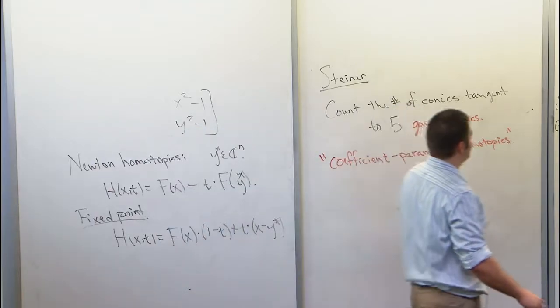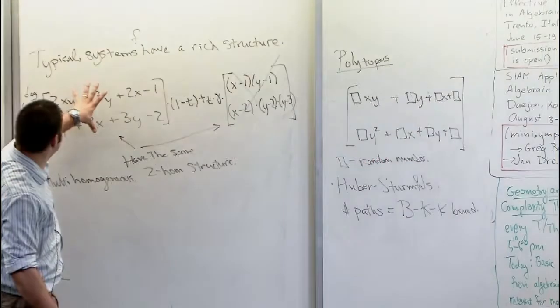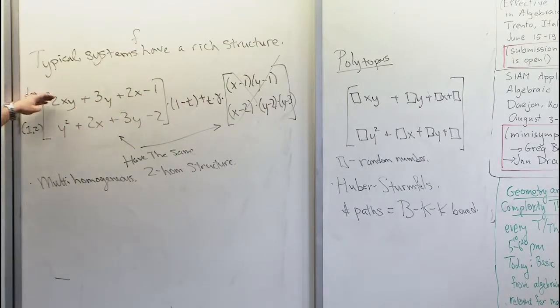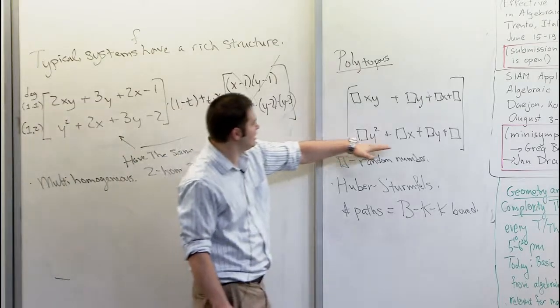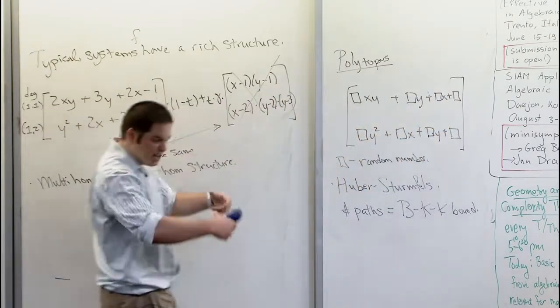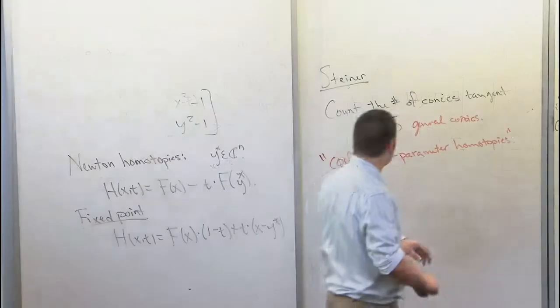So here, my parameter space is the set of all bivariate polynomial systems where the first polynomial has degree 1, 1, and the second polynomial has degree 1, 2. So this is really a homotopy inside of that space. The same thing with this. This is a homotopy in the set of polynomials with the same monomial structure. And you can sort of generalize this.